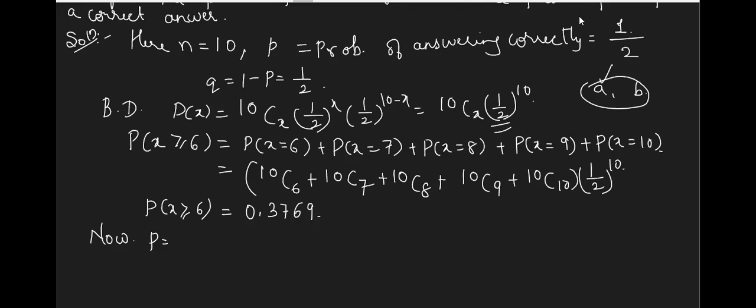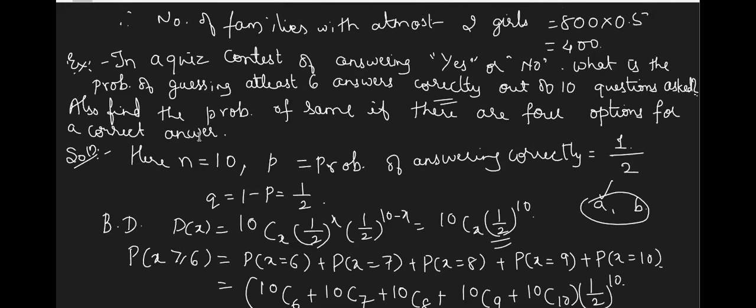Now see the second part. There is a change over here. Also find the probability of the same, meaning the conditions are the same. N equal to 10 is the same, and you want at least 6 answers to be answered correctly. If there are 4 options for a correct answer, what will change?